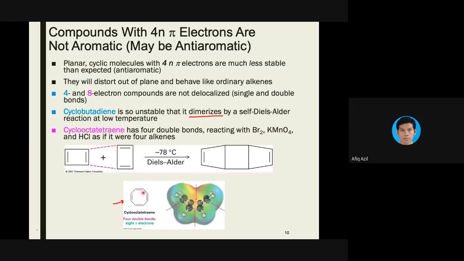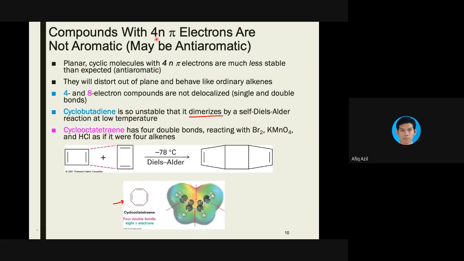So this whole thing, even though it is planar, contains 4 conjugated double bonds and is cyclic, it does not fulfill the Huckel rule of 4n plus 2. So these are known as anti-aromatic.